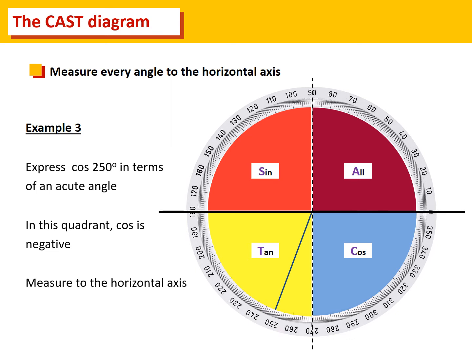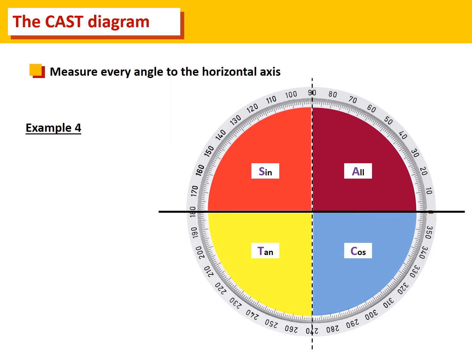Well, we measure to the horizontal axis. It's that angle there, 70 degrees. We know cosine 70 degrees is positive. We can see, because we're in the yellow quadrant, that cosine 250 is going to be negative. So we write cosine 250 will be the negative of cosine 70.